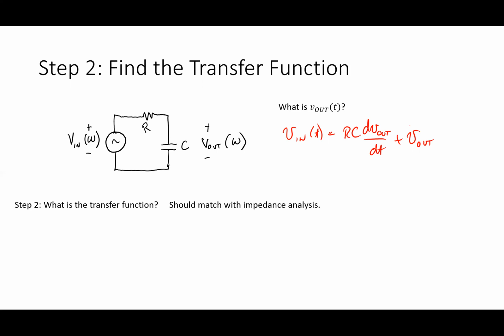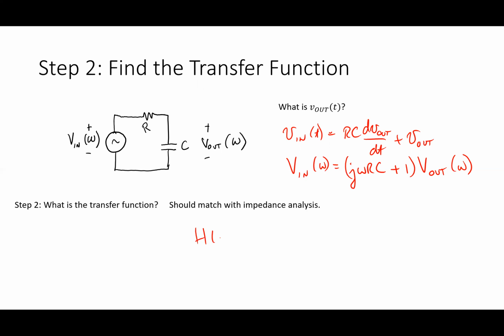To figure out the transfer function, we've done this a couple of times already. I replace Vin of t with Vin of omega. On this side, I replace all the Vout of t's with Vout of omega. And I replace the derivative with j omega. So this becomes j omega RC, with a big C, plus 1, times Vout of omega. You can just distribute this to see where that comes from.